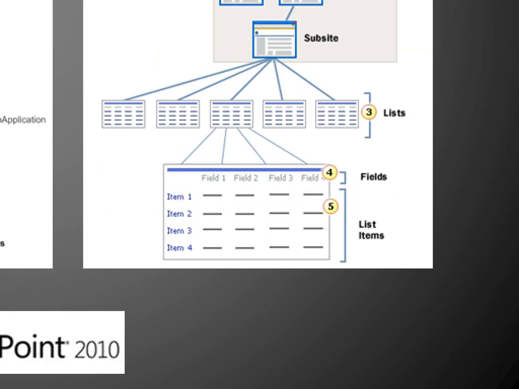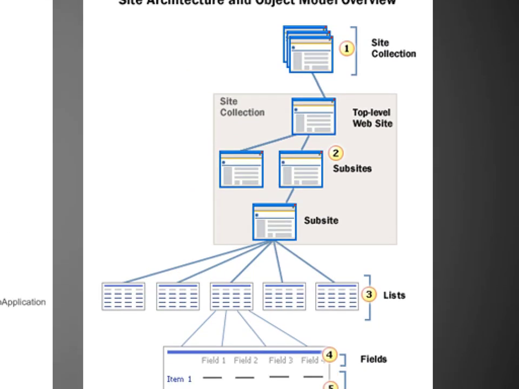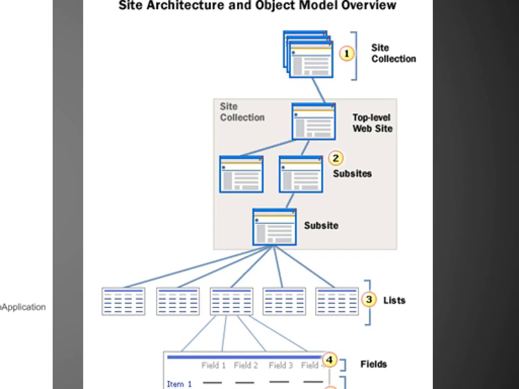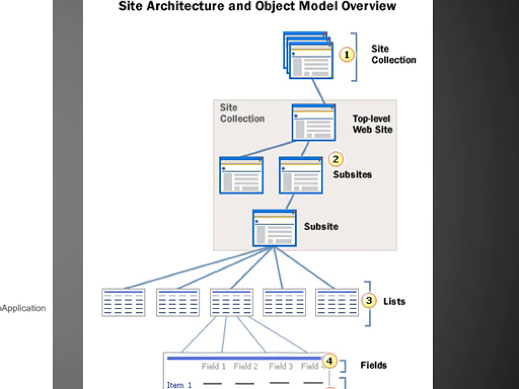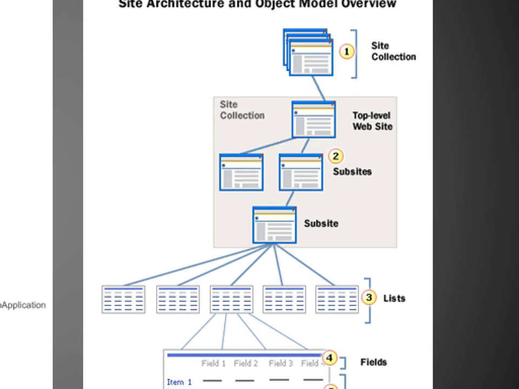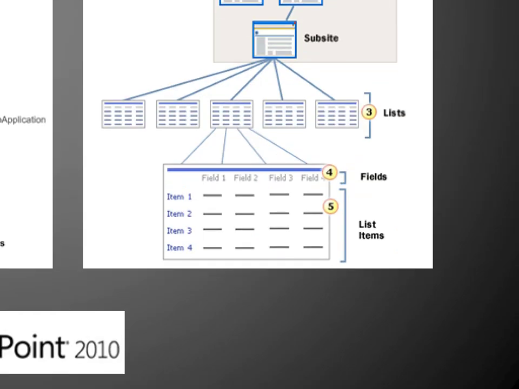Then over here on the right-hand side, we see the world of the end user. The two levels we're really interested in are the site collection, and inside of it a number of sites. One of the things SharePoint provides is the ability to empower end users to do things that quite often we would have to have IT come in and do.